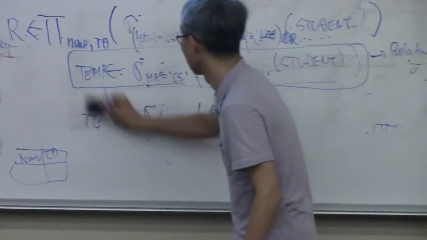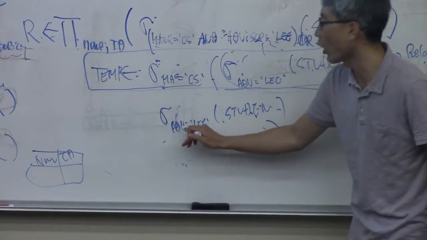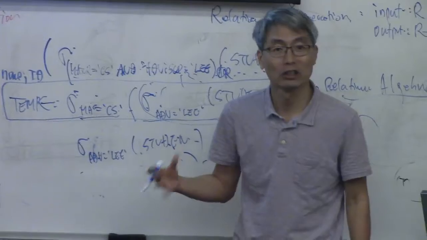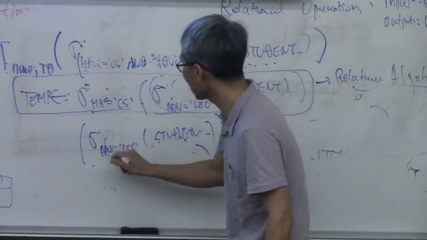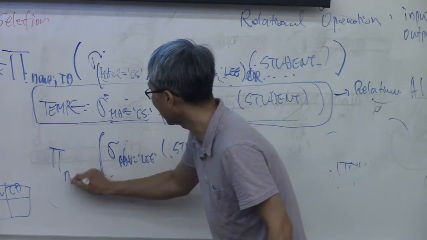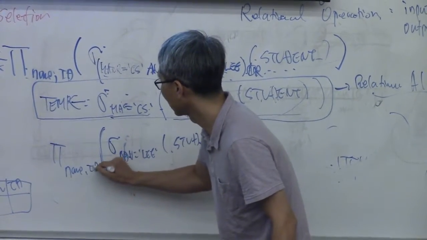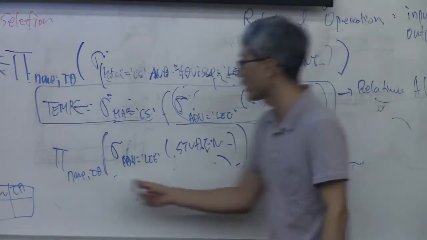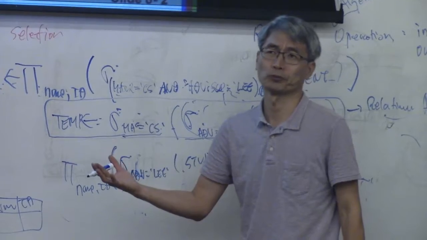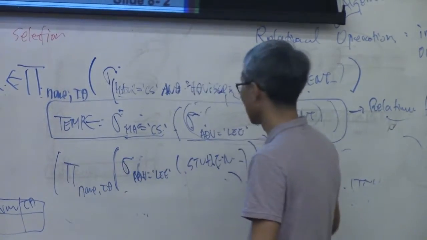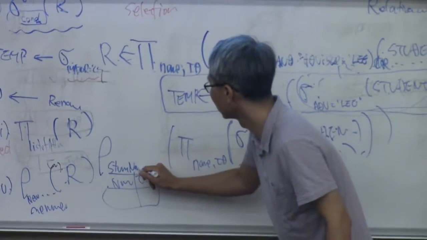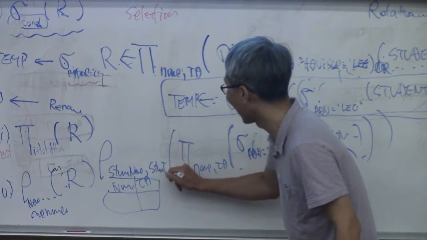let's use this one. I'd like to rename advisor as, for example, teacher. Then if you want to change not this, but name and ID, I'd like to change the name to student name. To do that, you can use rho student name, comma student ID.